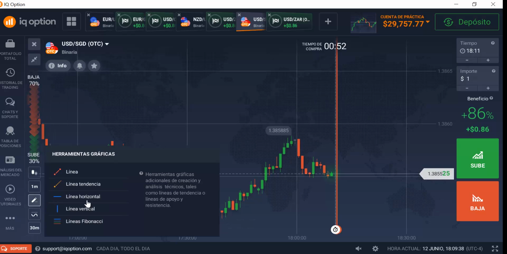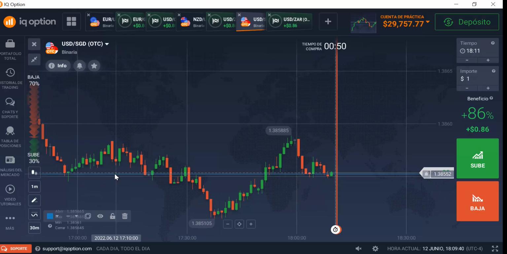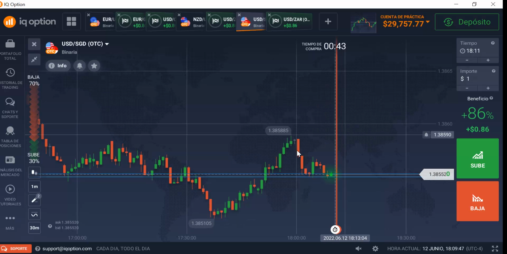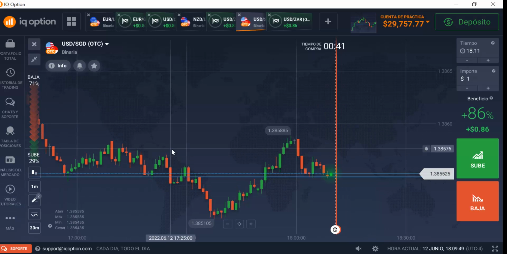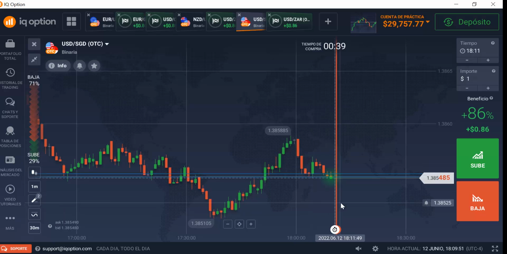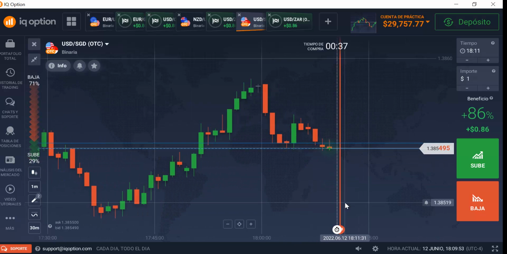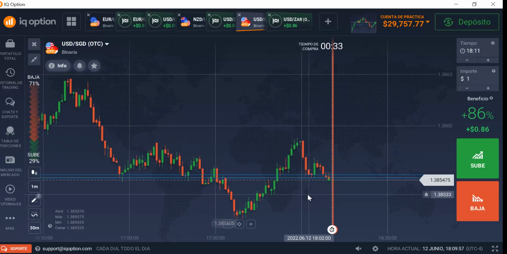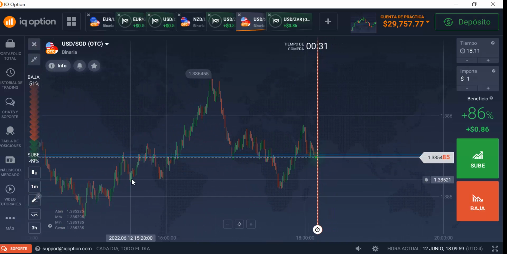Okay, let's see. It stops right here, and there is a wrong number at the level right here. You see? Buyer's area, buyer's area, buyer's area. Now I need to see if it is going to... okay, it broke the buyer's area.